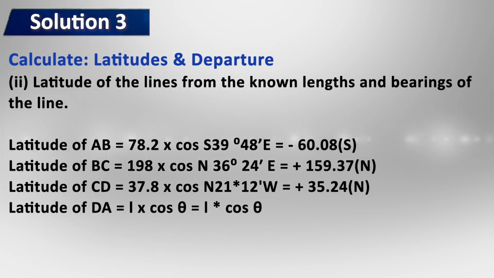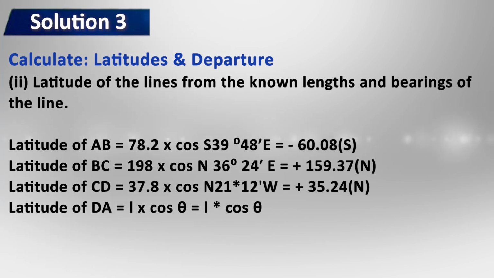No need to write the quadrants here, only the angle value is sufficient. So it comes out to be minus 60.08. Since it is latitude, the negative sign indicates that the line is southwards.